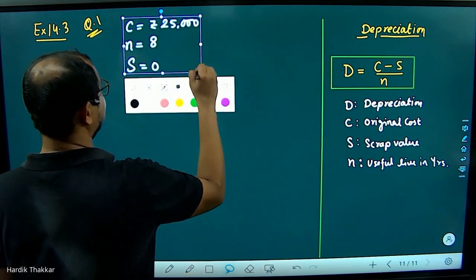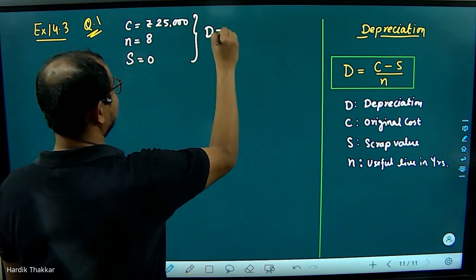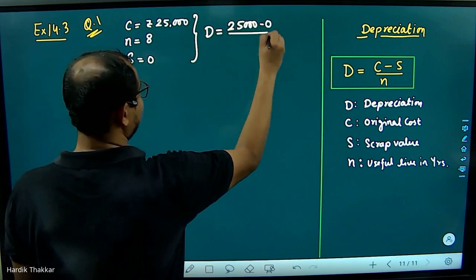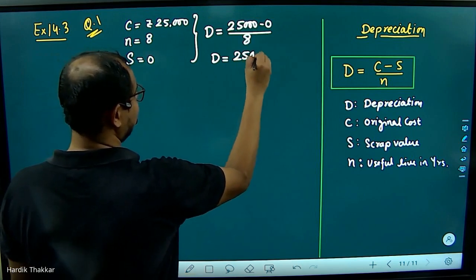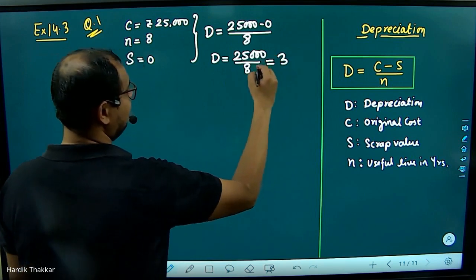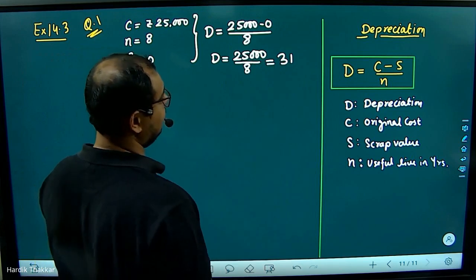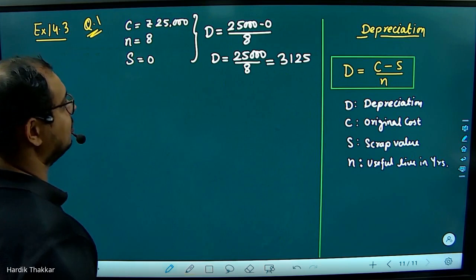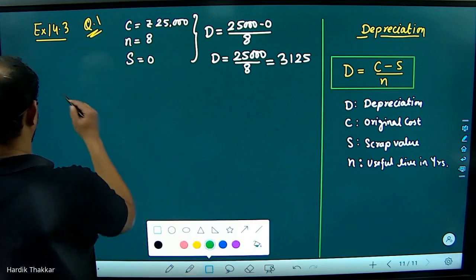So simply use that formula which we had discussed. So D is equals to 25,000 minus 0 divided by 8. So D is equals to 25,000 by 8. 8 threes are 24, फिर 1, 8 ones are 8, 8 twos are 16, 8 fives are. So I think it is 3,125. Okay. This is what annual depreciation.